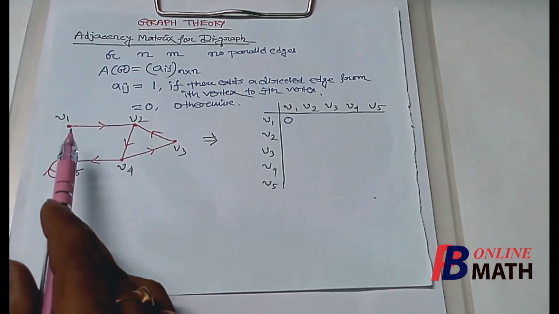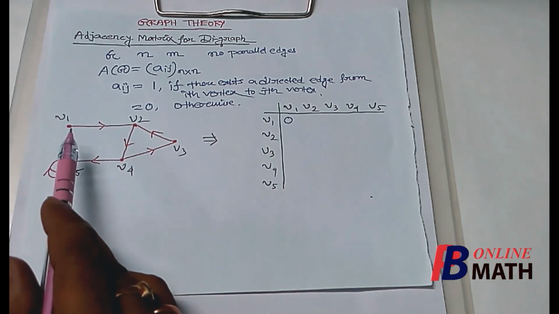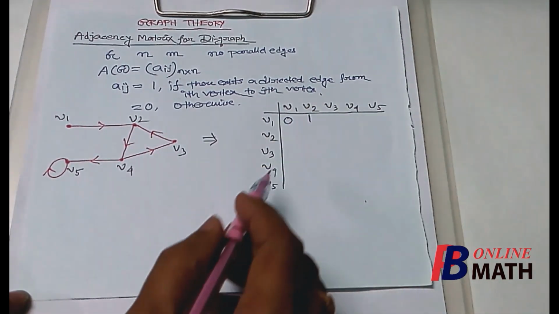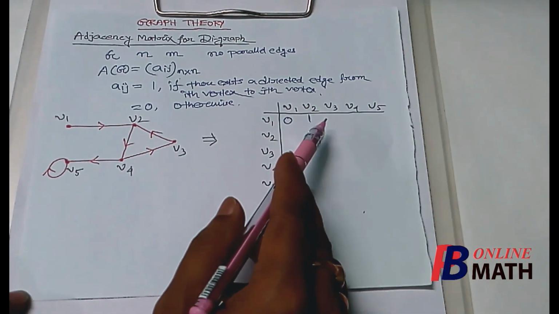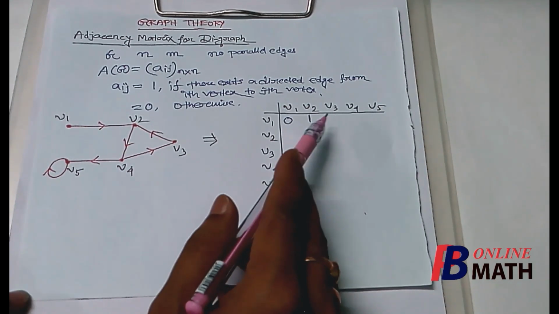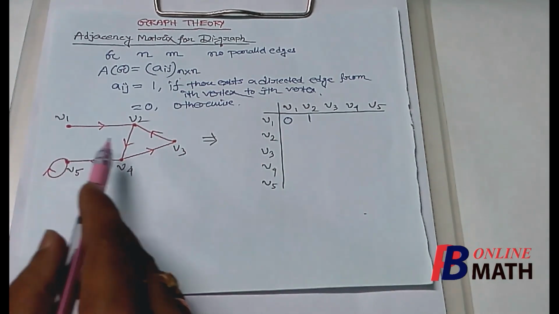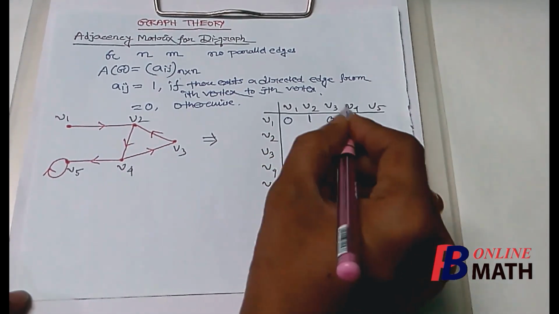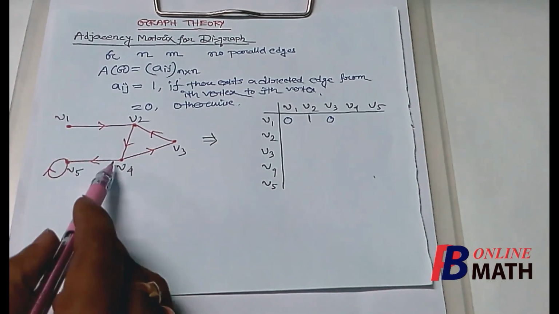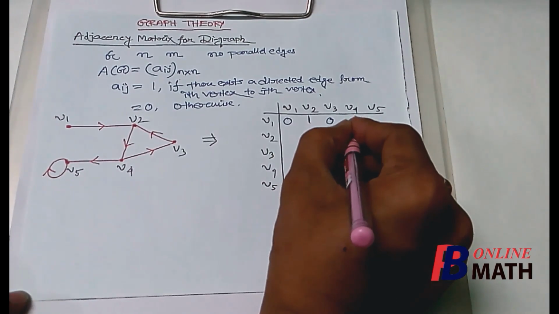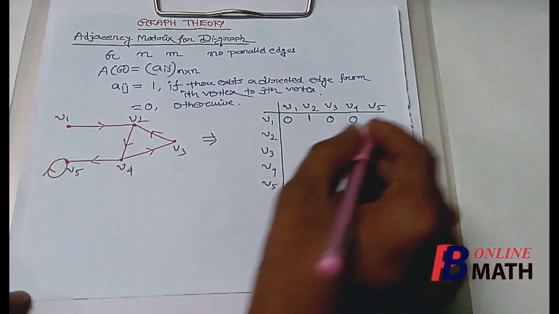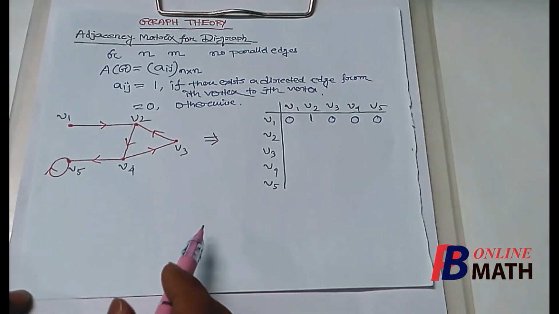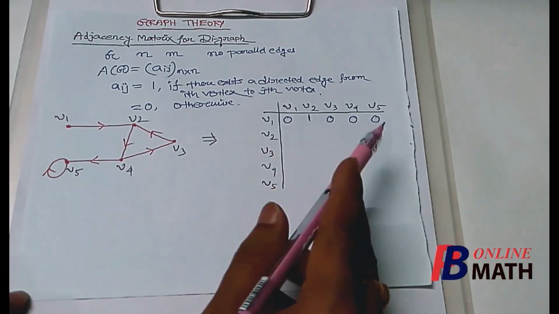From the graph we find that there is a directed edge from V1 to V2, so we shall put 1 here. Next one is from V1 to V3. There is no directed edge from V1 to V3, so we put 0 here. Next, from V1 to V4, there is no directed edge, so we put 0 here again. And finally V1 to V5, this is again 0 because there is no directed edge from V1 to V5.